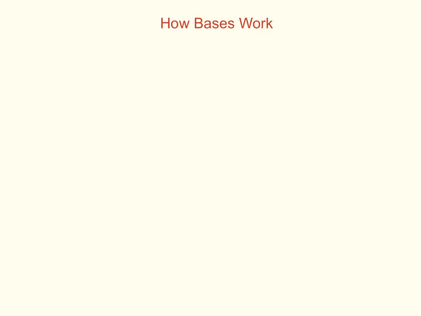So how do bases work? Well, it's actually really simple. Whatever the base number is, every number below it is an option. I'm talking about numbers below base 10 here. So, for example, if I have base 2, which is our binary, the only numbers I can have as a result are 0 and 1.